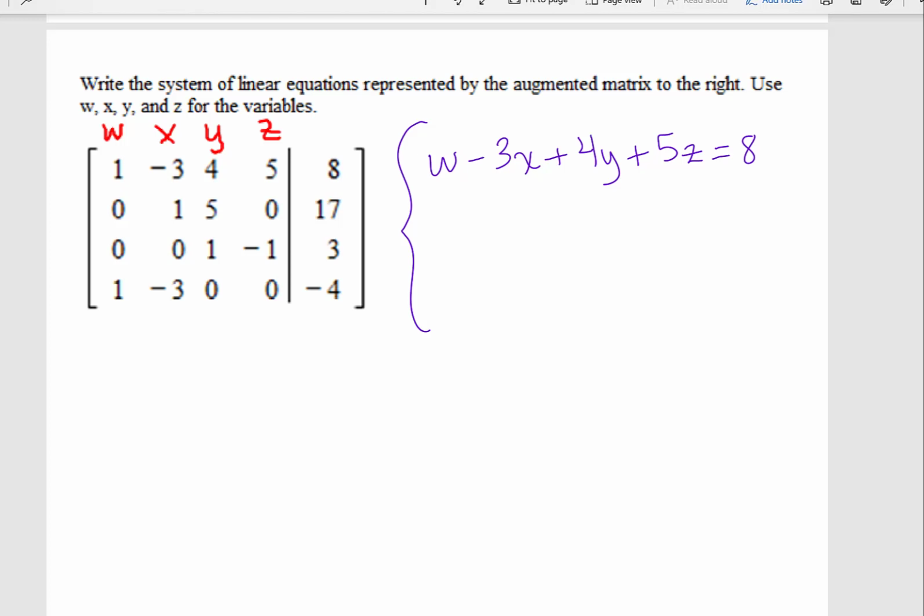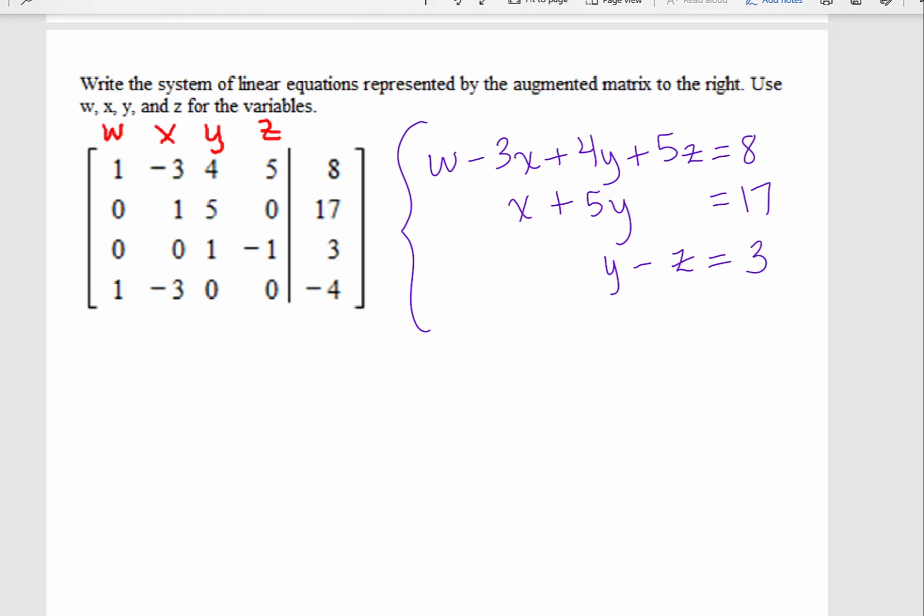And then there's 0 for w, so nothing for w. 1x plus 5y, nothing for z, equals 17. Third row, nothing for w, nothing for x. We have 1y minus 1z equals 3.